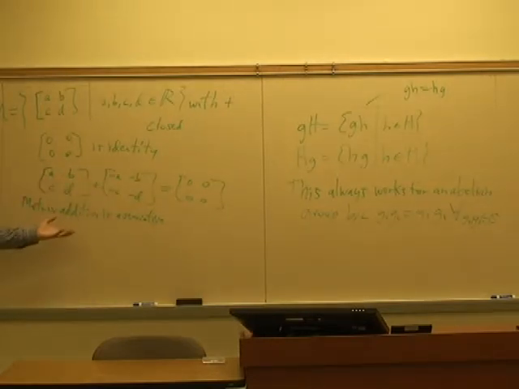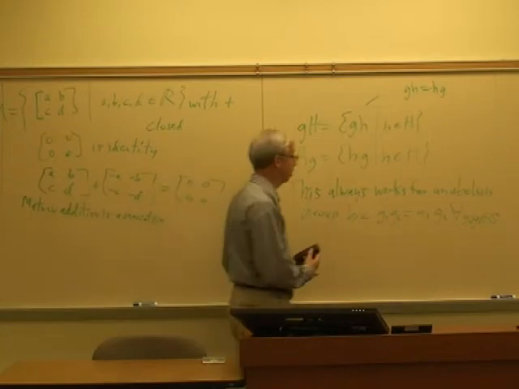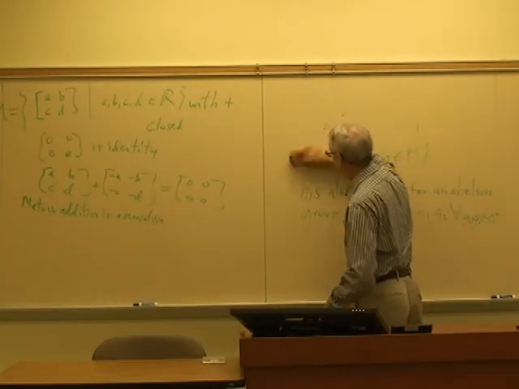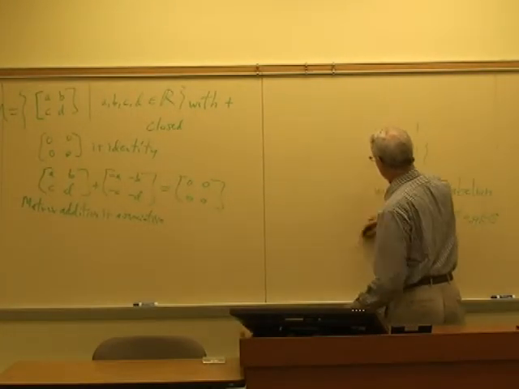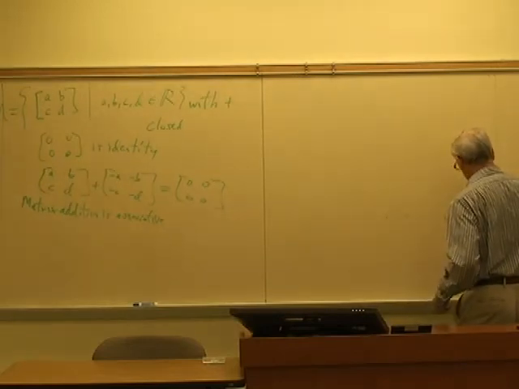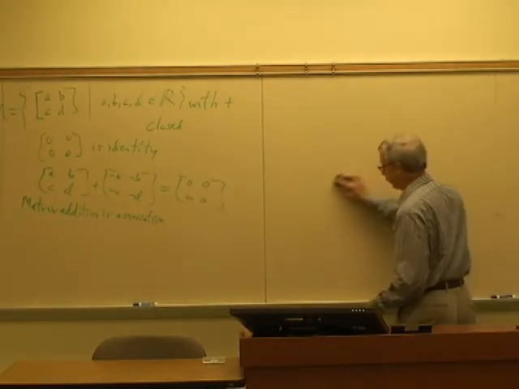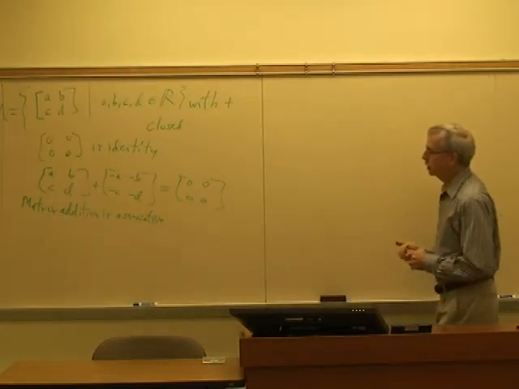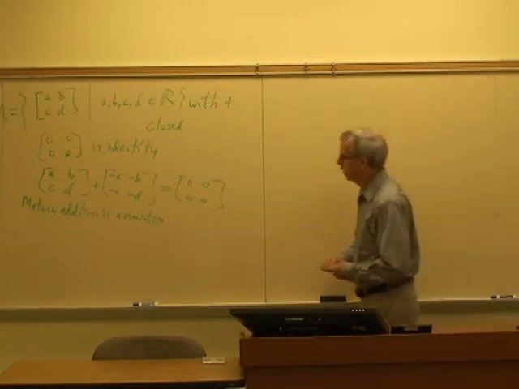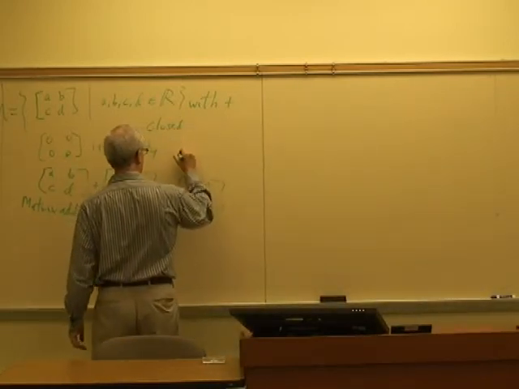I essentially inherit the associativity from the associativity of addition in R, because I'm not doing anything strange. Matrix multiplication is a lot harder to show that, but matrix addition I get associativity just like I do for vectors. So that's a group. This is an abelian group.